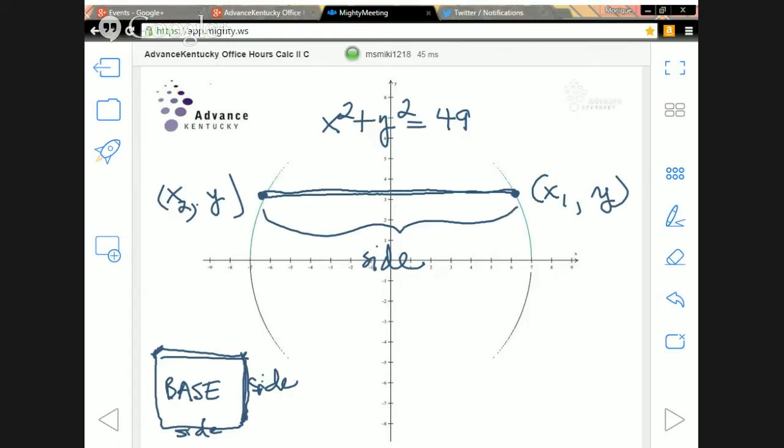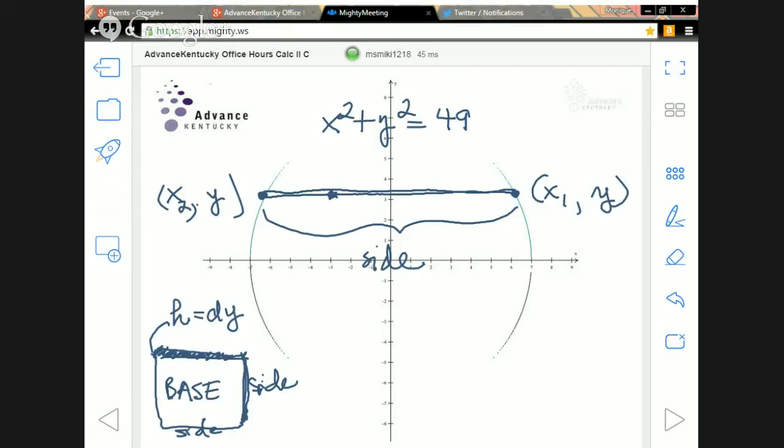This little bit of thickness right here is a little bit of change. If this was going on here, it'd be how thick this rectangle is up here. That's a little bit of change in y because it's vertical. So I'm going to say that the height or the thickness is dy.